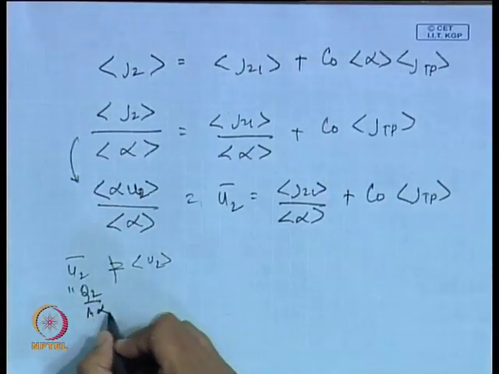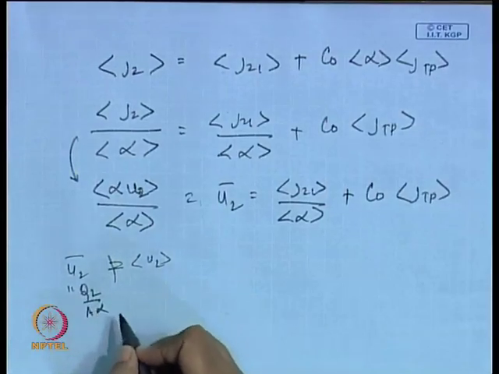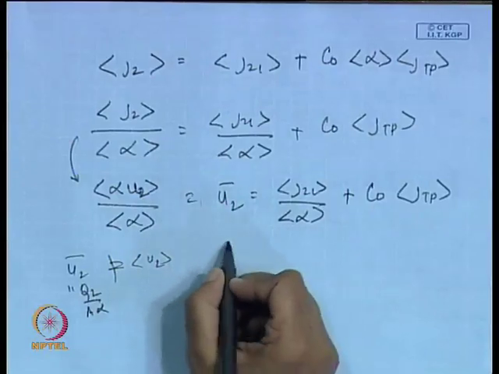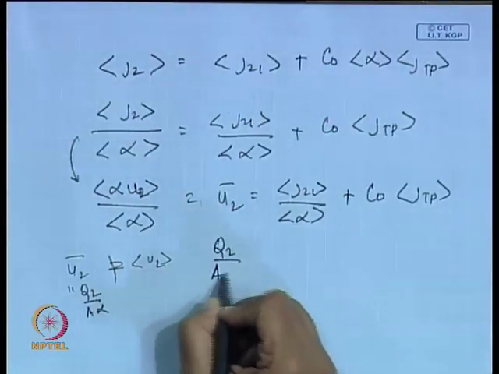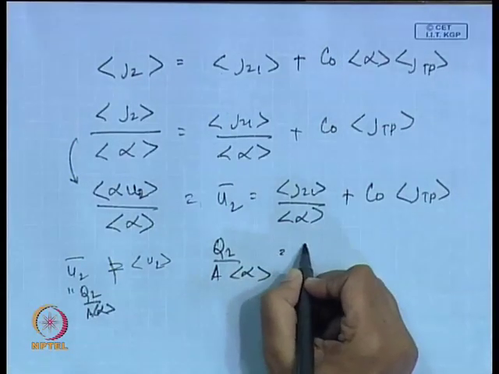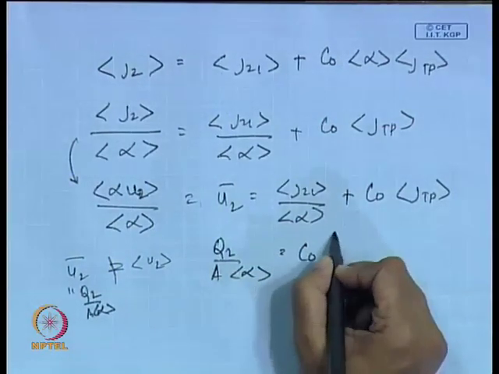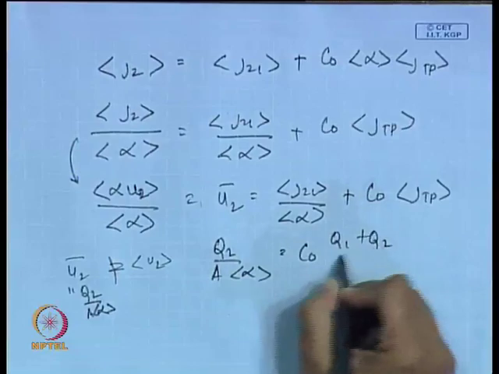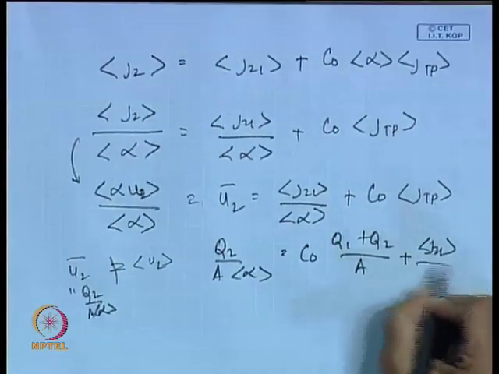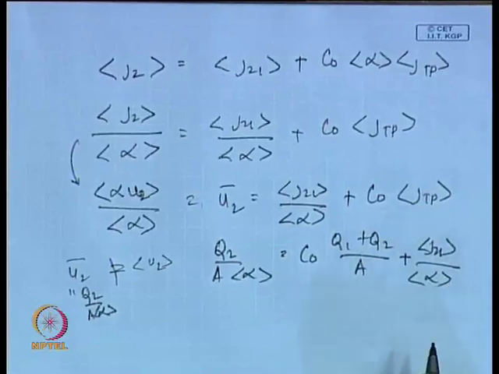This is given as u2 is nothing but q2 by a, or in other words, in terms of measurable parameters, q2 by a alpha is equal to C0 q1 plus q2 by a plus J21 by alpha.